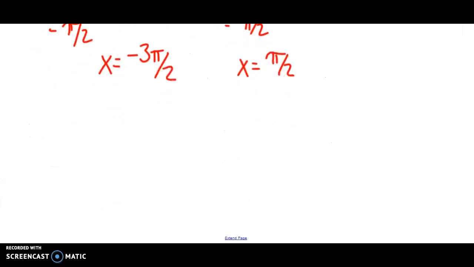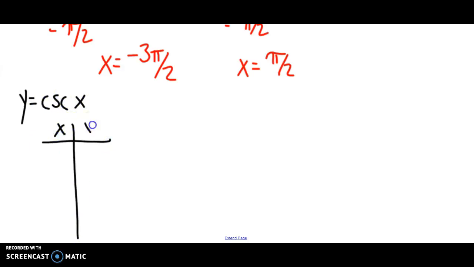So let's make a table of values. Let's first look at what just cosecant of x looks like. Remember the values that we found important before: we said our values went from negative pi all the way to positive pi. Halfway in between there is going to be 0. And halfway in between negative pi and 0 is going to be negative pi over 2, and a positive pi over 2.